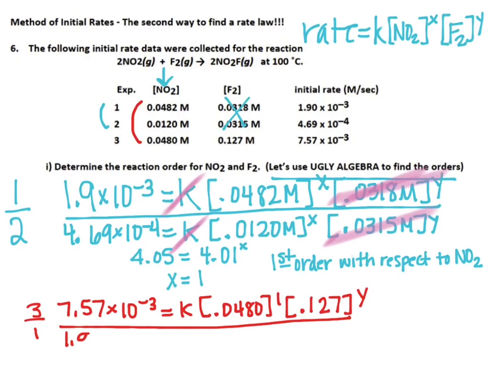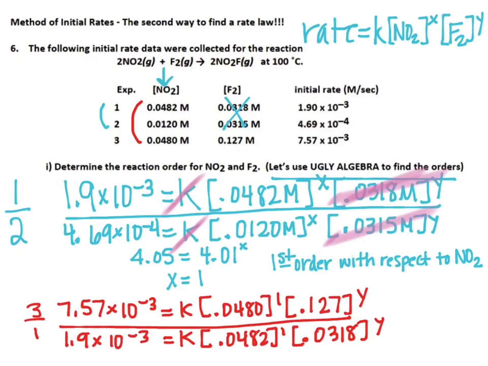And then we get 1.9 times 10 to the minus 3 is equal to K over 0.0482 to the first power times 0.0318 y.